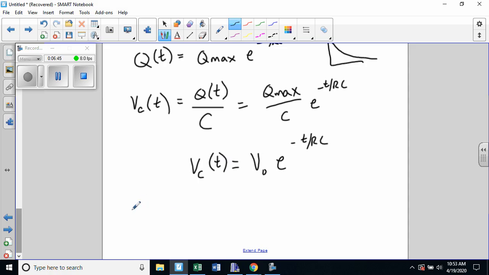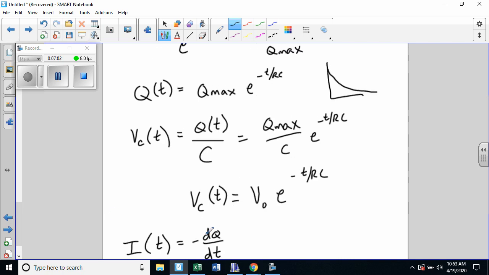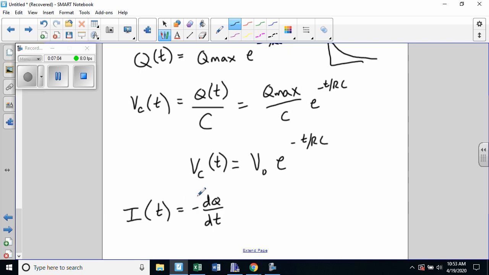We could also do current as a function of time. Current as a function of time, we said, is minus dq dt, my apologies, because the charge is coming off of the capacitor.